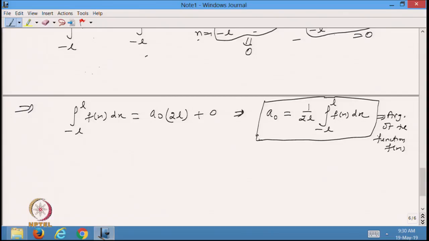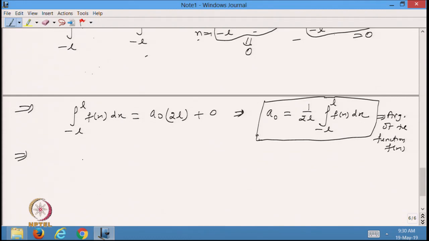I am taking the sum of the function over the values divided by the total length of that interval, so this becomes the average value of the function. So, this way I am able to find the value of A0.